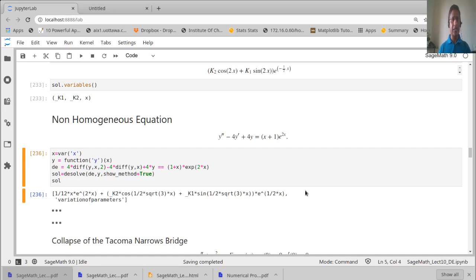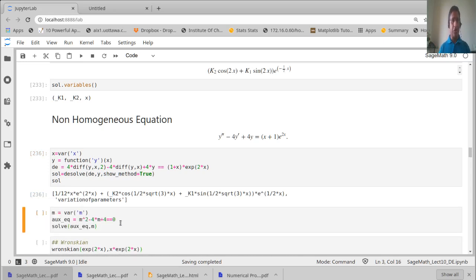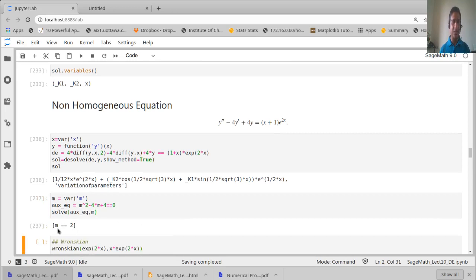Okay, now you can even define the auxiliary equation related to this, but there is no inbuilt function to do that. You have to manually define it. In this case it is m square minus 4m plus 4, and if you solve this auxiliary equation, there is only one solution, namely 2, which is repeated.